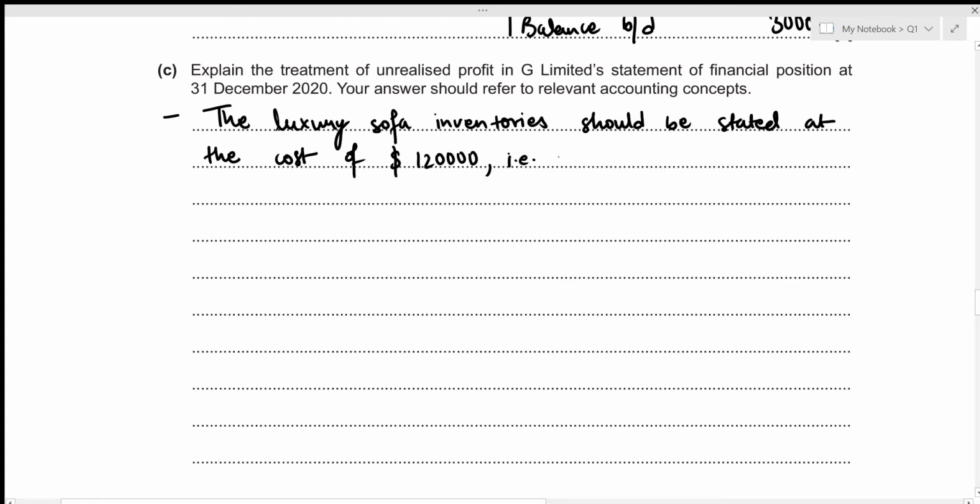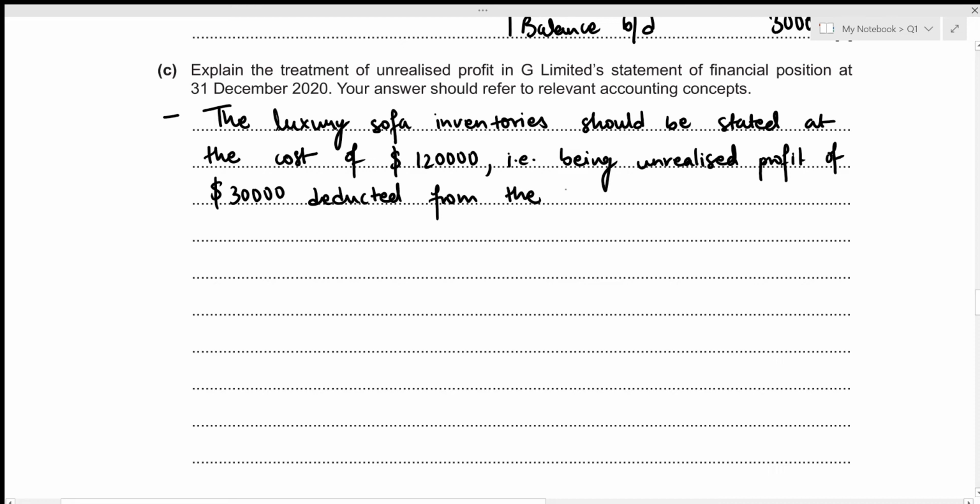That is being unrealized profit of 30,000 deducted from the transfer value of 150,000.